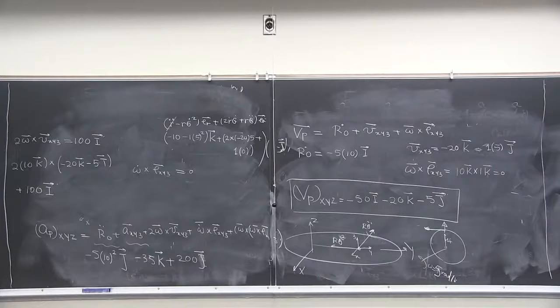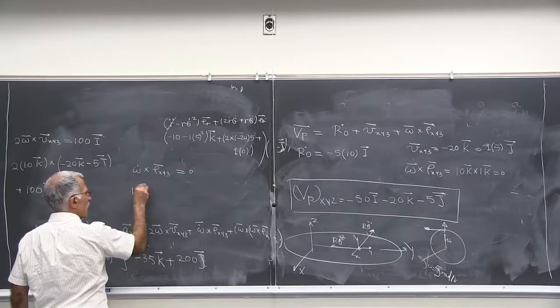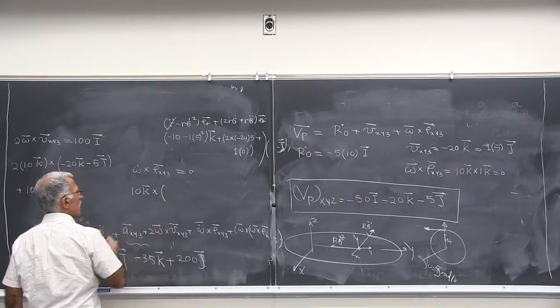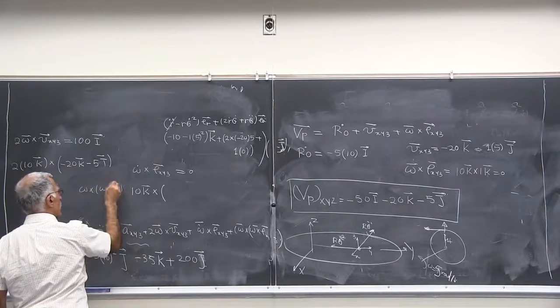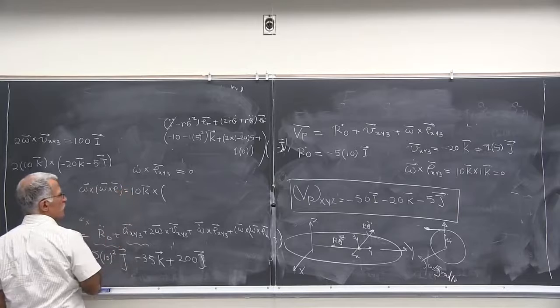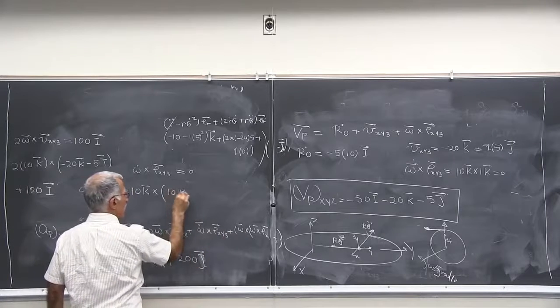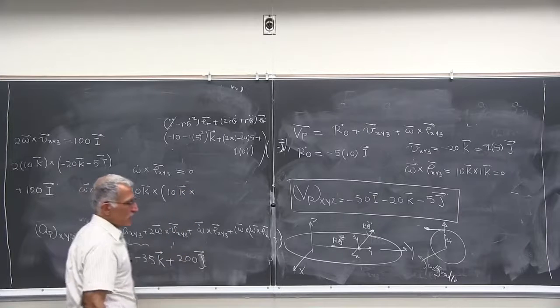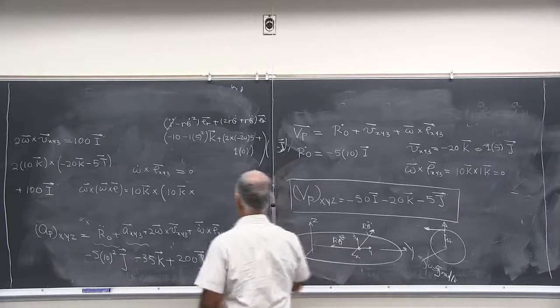Then finally I have omega times rho xyz. My omega is equal to 10k, times rho, and my rho at this instance is also equal to 1k.